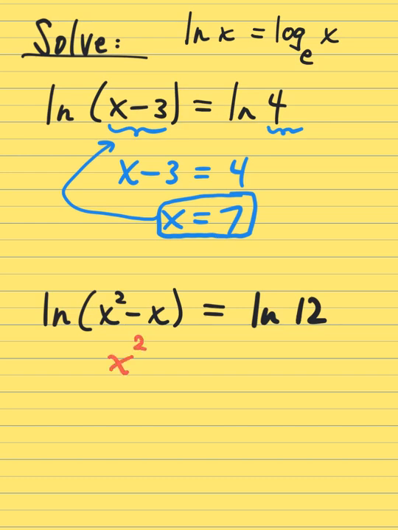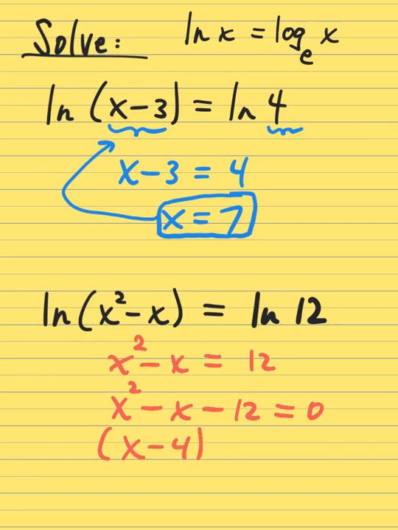On this one, x squared minus x can be set equal to 12. That's a quadratic equation, so we bring 12 over, set equal to 0, and we can factor with a minus 4 and a plus 3.